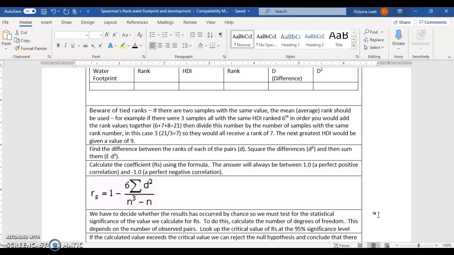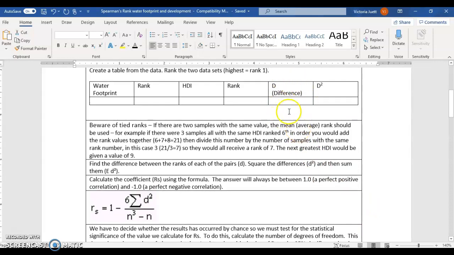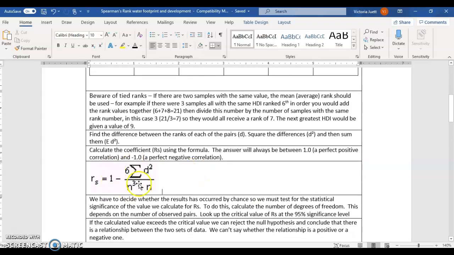Then find the difference between the ranks of each of the pairs, so that's your value for D, the difference, and then square them, so D squared in there. Then using this formula, you need to calculate the coefficient.